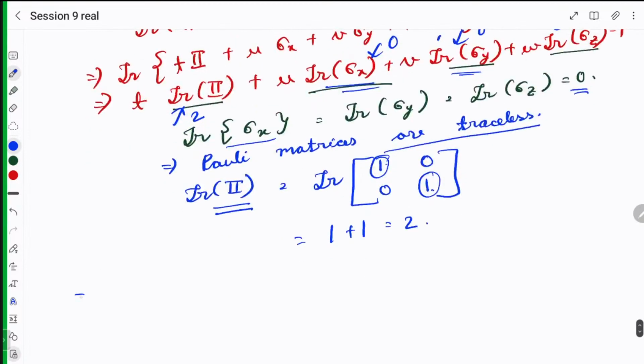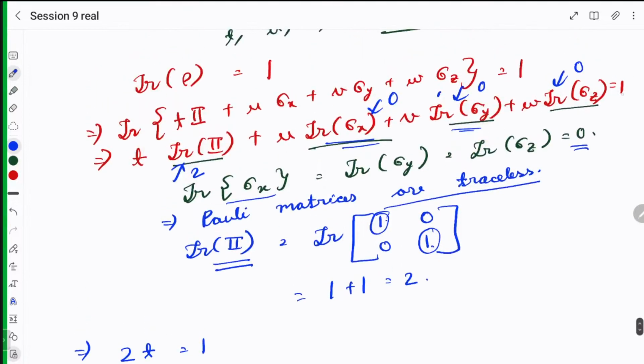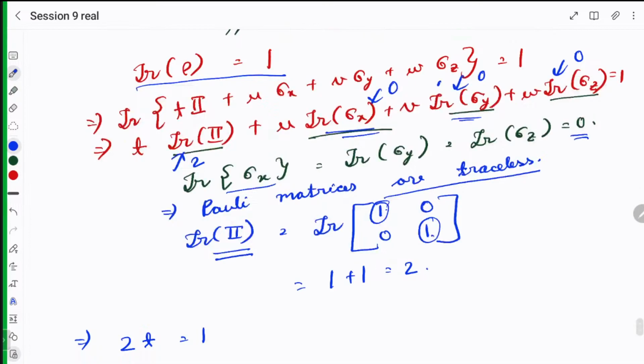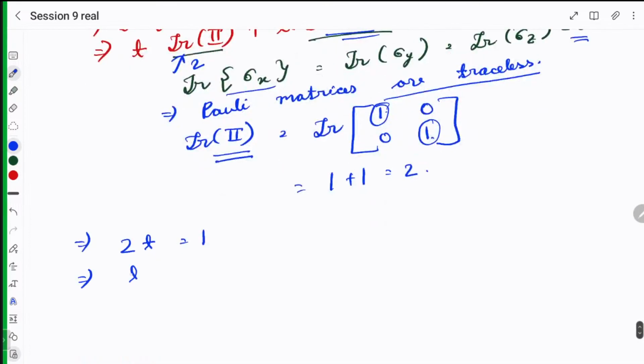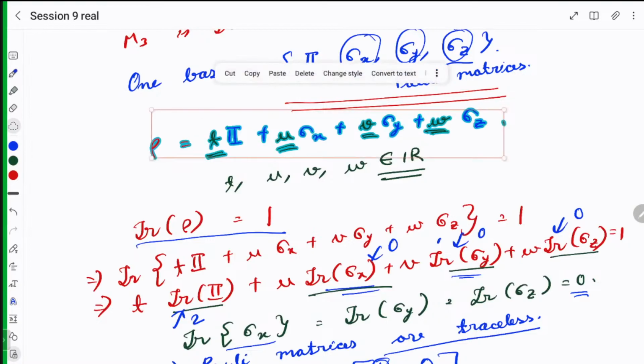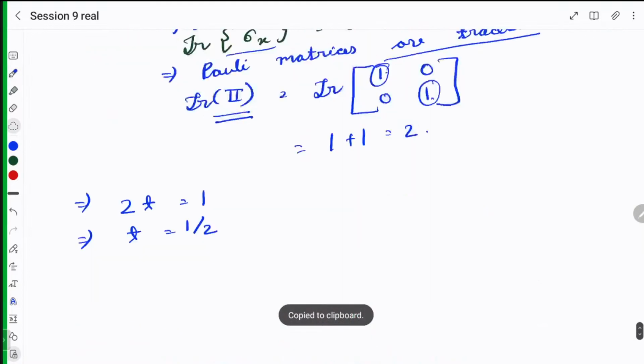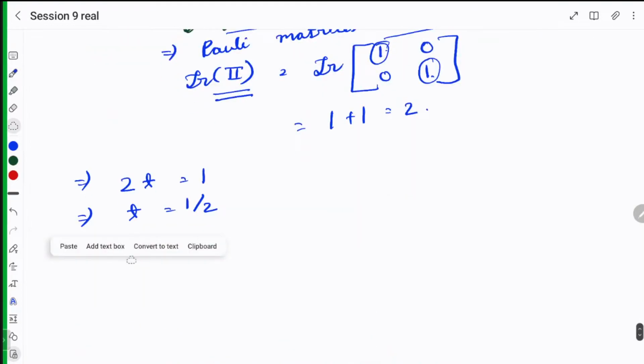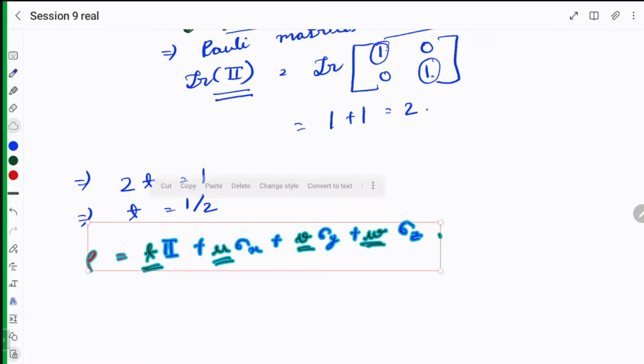So we are left with 2T equal to 1, because on the right hand side we had 1, since trace of rho equals 1. So we get T equal to half. Let's substitute T equal to half here.